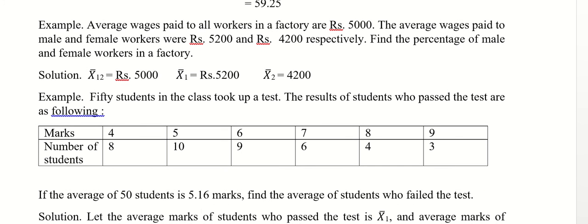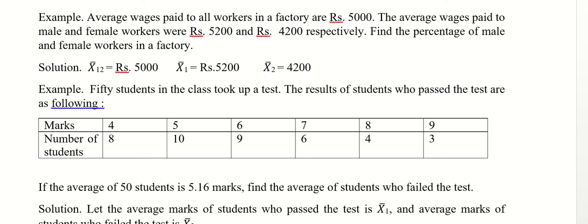So let's see what is our next question. The next question we have is: average wages paid to all workers in a factory are 5,000. So average wages are already given to us. It means the combined mean is already given to us, right? The average wages paid to male and female workers are 5,200 and 4,200.